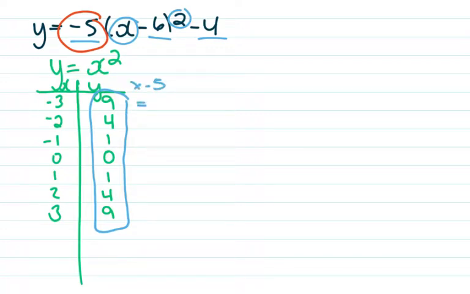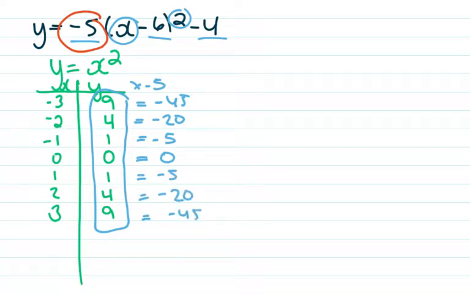So if I do 9 times -5, that's -45. 4 times -5 is -20. 1 times -5 is -5. 0 times -5 is 0. 1 times -5 is -5. 4 times -5 is -20. 9 times -5 is -45. So now my x column is staying the same, and my y column is changing. So my new points are -3, -45, -2, -20, -1, -5, and so on.